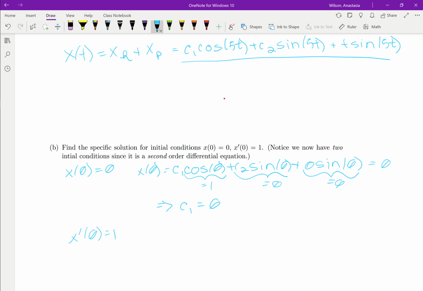In order to substitute 0 into x prime, we need to know what x prime is. So I'm going to write x prime up here to use my space a little bit better.